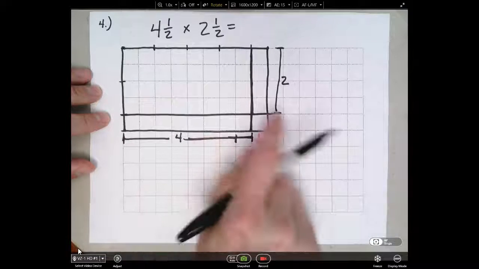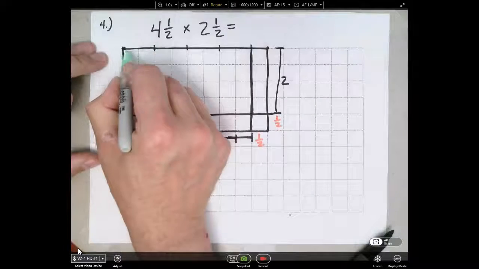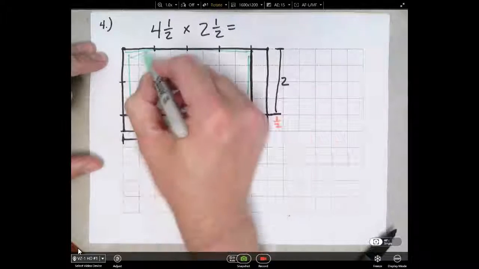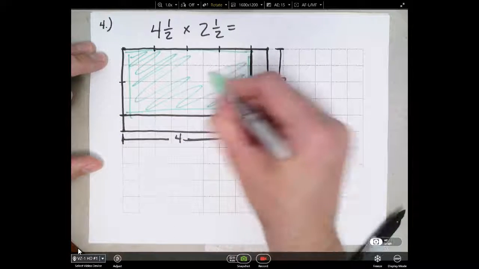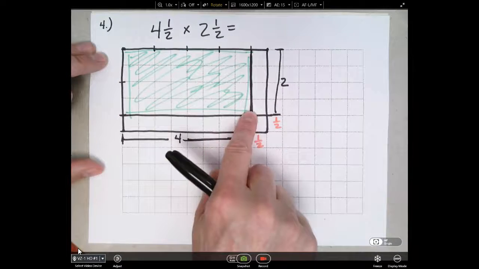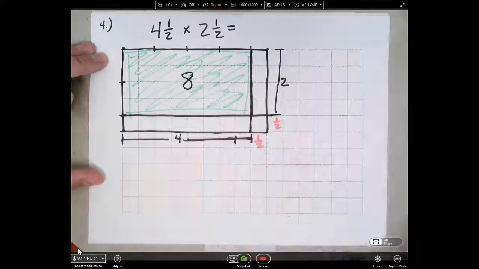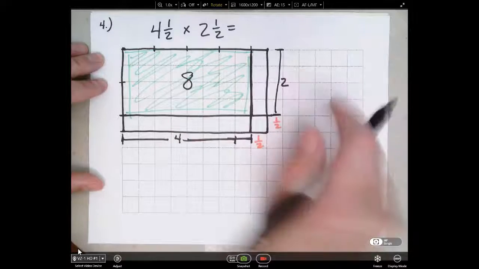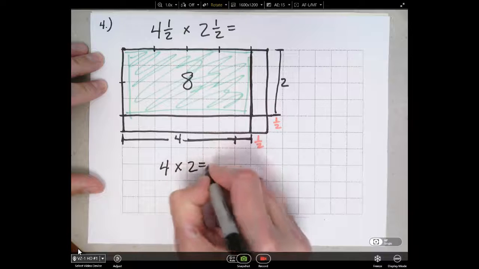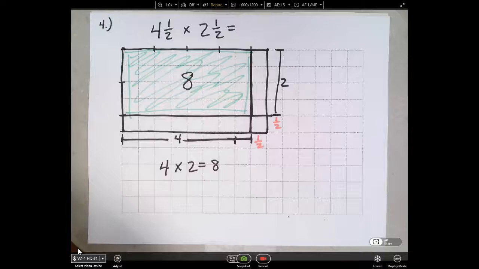So this one here, this box, okay, we'll go with green here, from here to here, everything inside this box, I know it is 4 by 2, so I know the area of this box here is 8. And I'm going to record this piece right here. 4 times 2 is 8. Okay, let's pick another box here, the box underneath it.